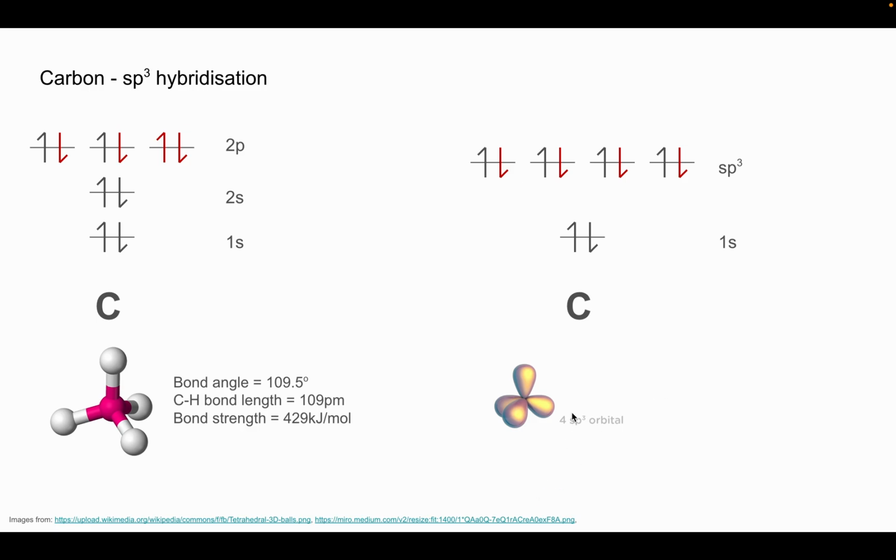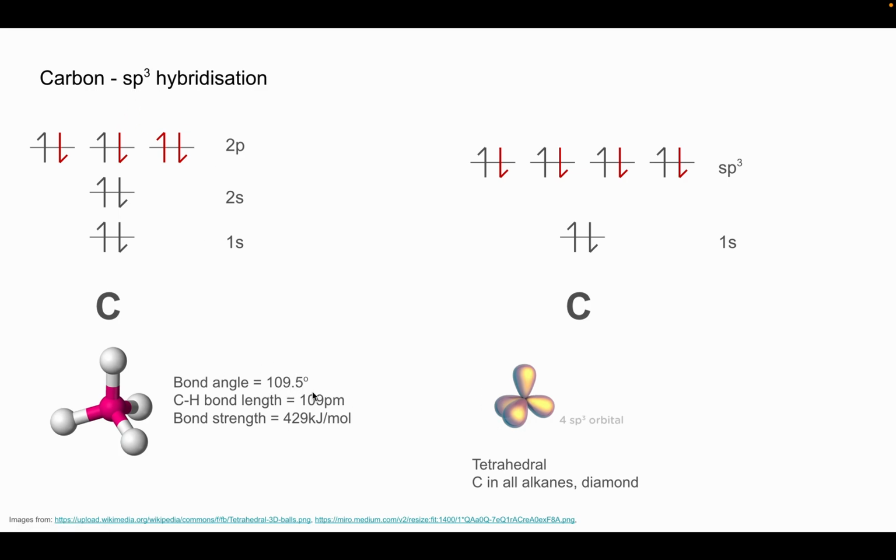There are our 4 sp3 orbitals, 1, 2, 3, 4, and they're as far apart from each other as possible, which is reflective of the shape of carbon in methane. It's tetrahedral, and that will be present whenever carbon is in an alkane or in diamond as an example. So the idea is that when carbon is tetrahedral, it is sp3 hybridized.